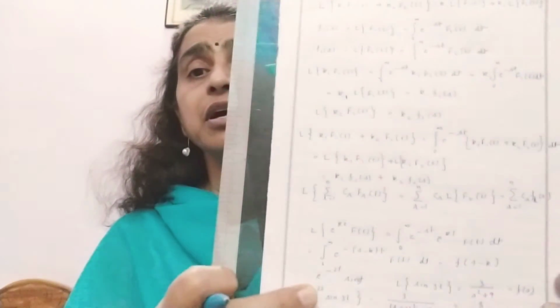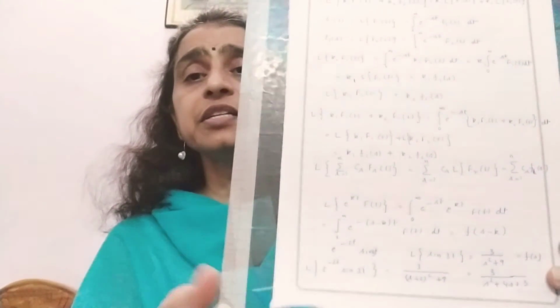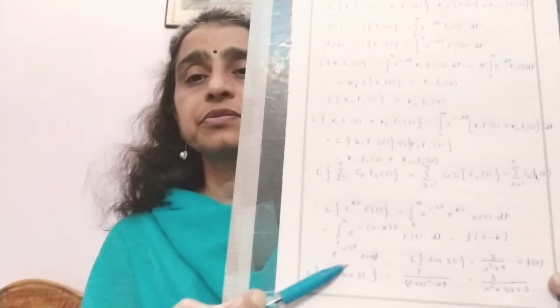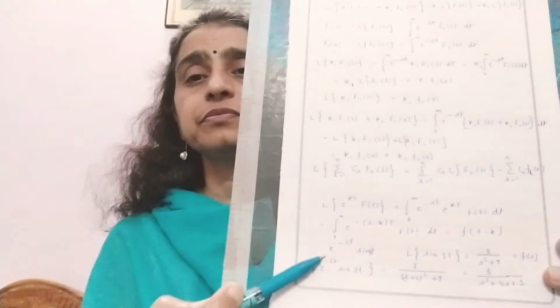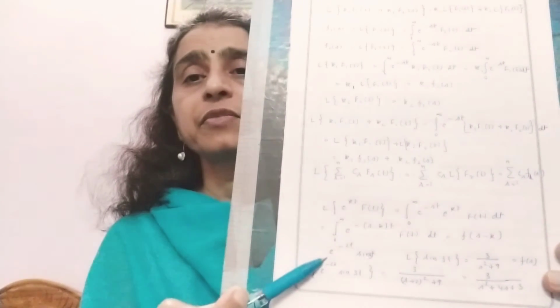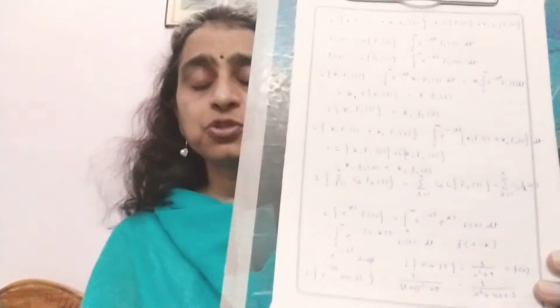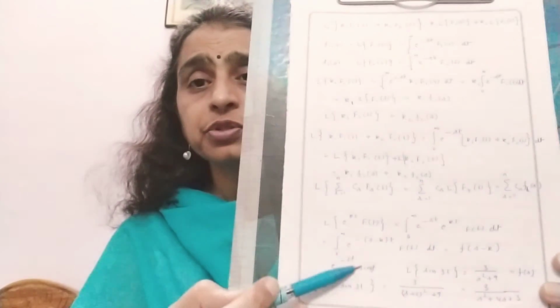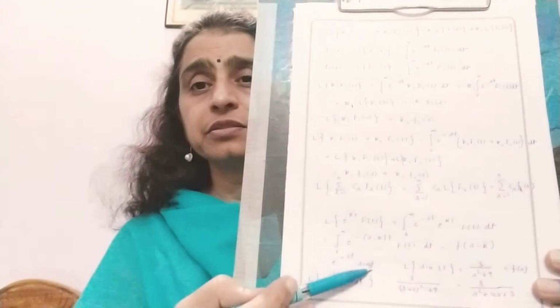That means our function here is e^(-2t) sin 3t.